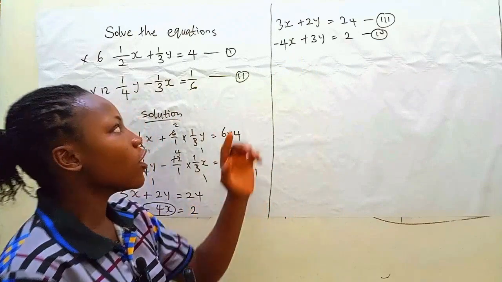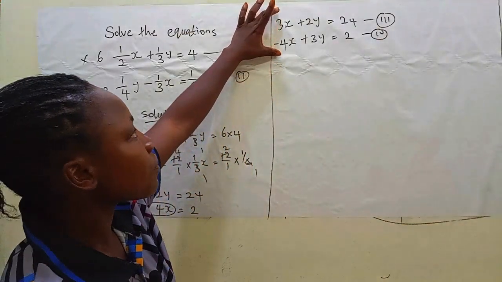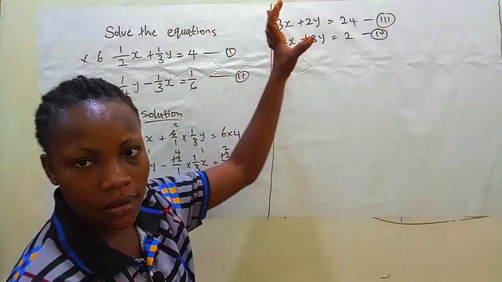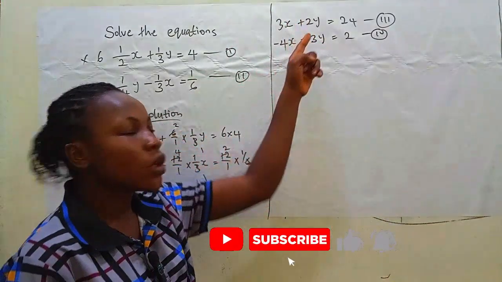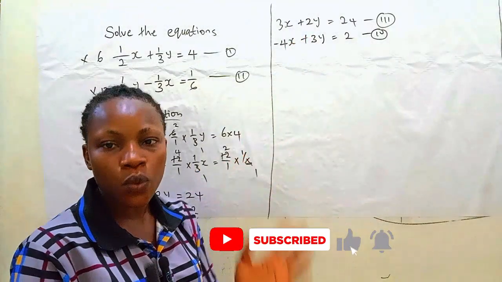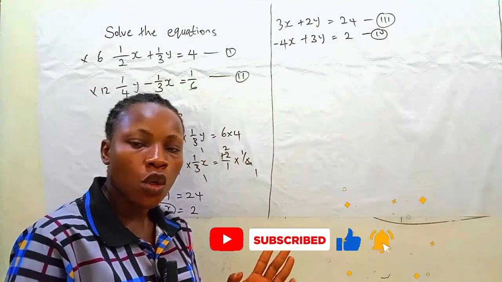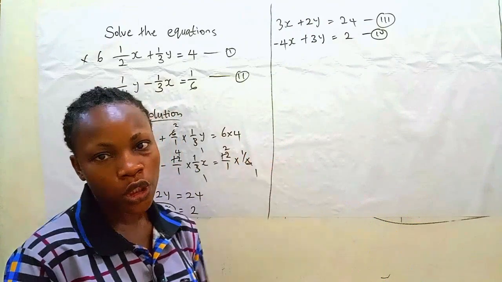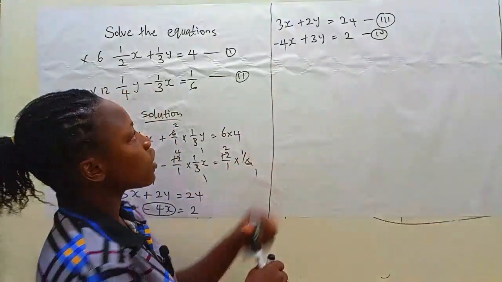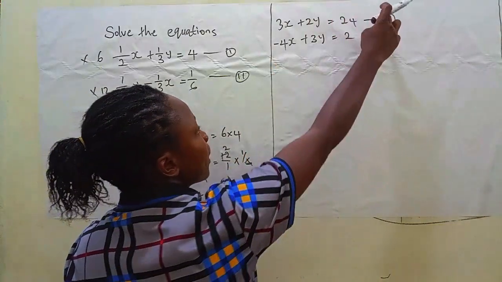In order for us to eliminate x, we multiply equation 1 by the coefficient of x in equation 2, and equation 2 by the coefficient of x in equation 1. So here we are multiplying equations 3 and 4.